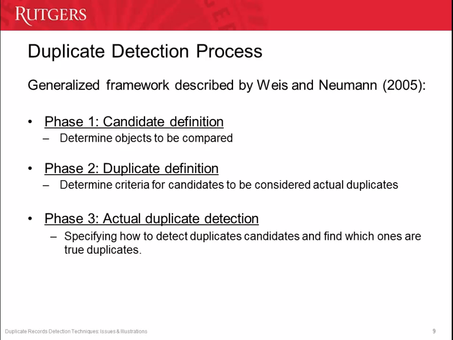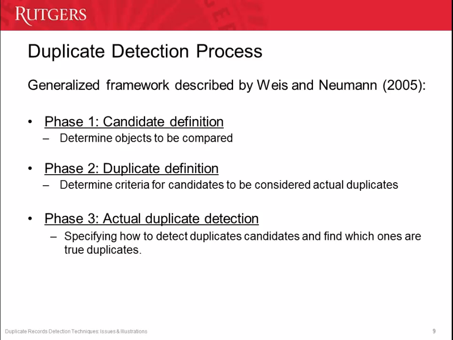The third step is duplicate detection. This is when we actually run the algorithm and identify candidates and the duplicates. This is when we specify how to detect duplicate candidates and how to select and identify the real duplicates. It consists of 2 steps. The first step is when we search for records, whether pairs, triples, quadruples, etc., depending on the number of candidates, and then we designate them as candidates.